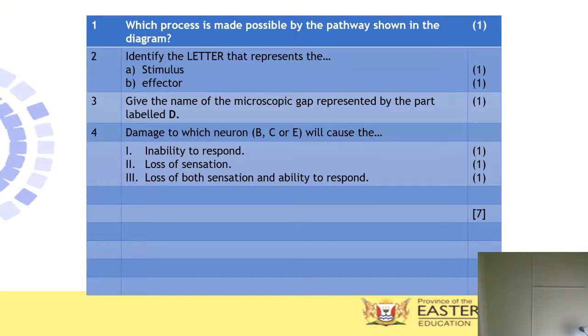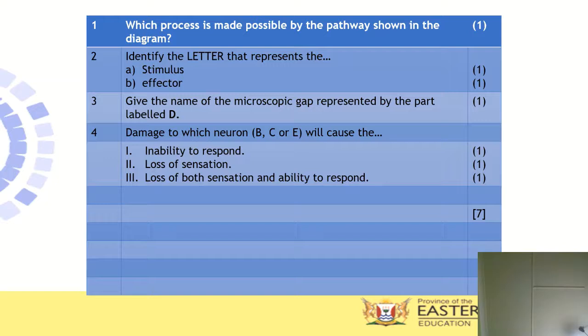You must be very careful when you answer examination questions. If they say the letter, your answer should not say the finger or the candle. It should be A. So the answer there is A. Then 2B says, identify the letter that represents the effector. The effector should be F. So the correct answer there is F, because remember, the examples of effectors are muscles and glands.